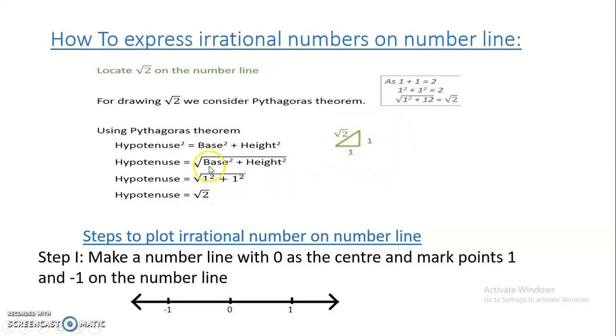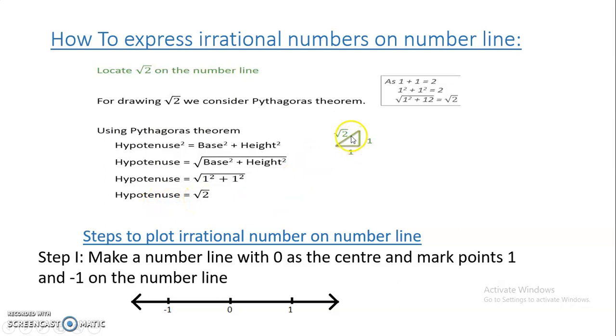When we put base equal to 1 and height or perpendicular equal to 1, then hypotenuse is equal to under root of 1 square plus 1 square. This gives you nothing but root 2. Hypotenuse becomes equal to root 2.